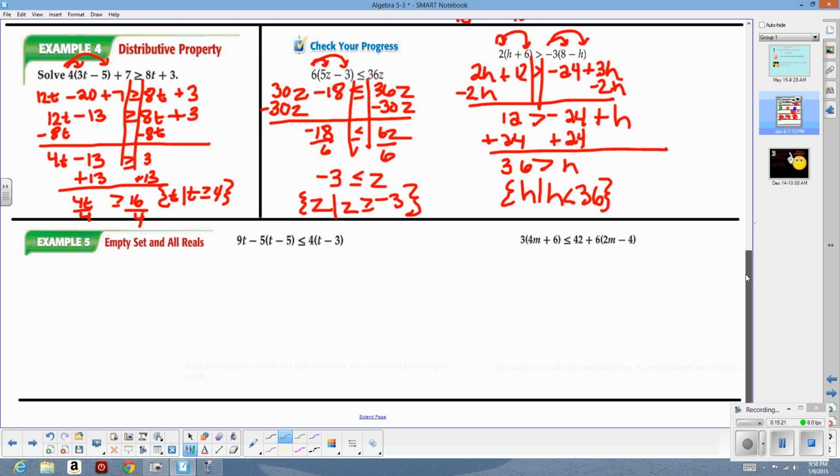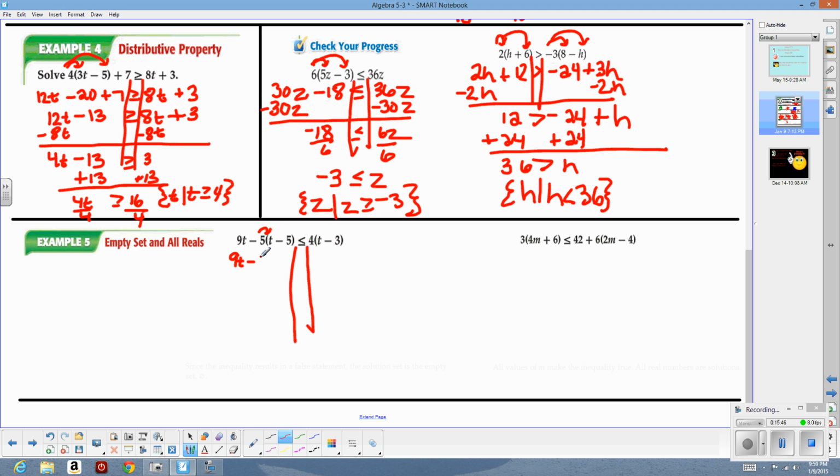All right, our very last two examples have to do with some special solutions. This first one, I'm going to go ahead and do distributive property first. The 9t is just going to come straight down. Then this is not just 5 times everything in here, but it's a negative 5 times everything in the parentheses.